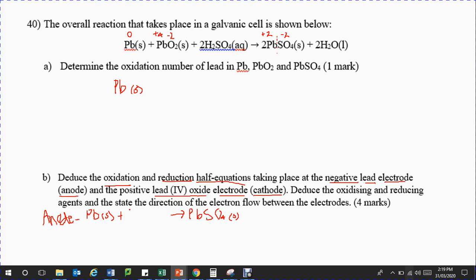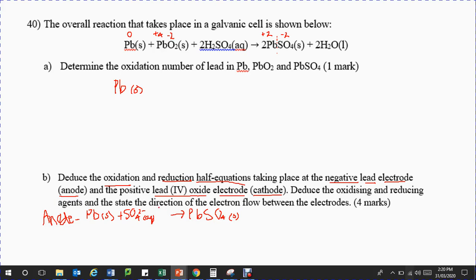So I can have SO4 2-, the charge we worked out before. My lead plus my sulfate gives me lead sulfate. That's balanced so far. My oxygens are balanced, and there are no hydrogens to balance.